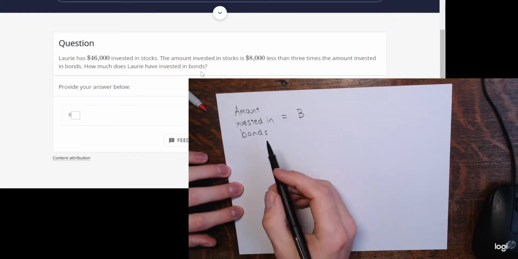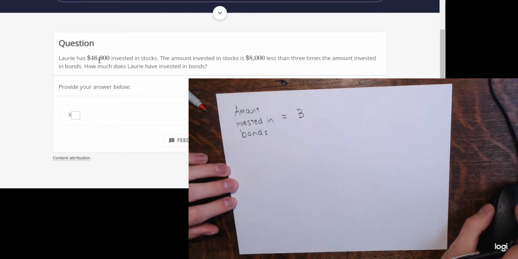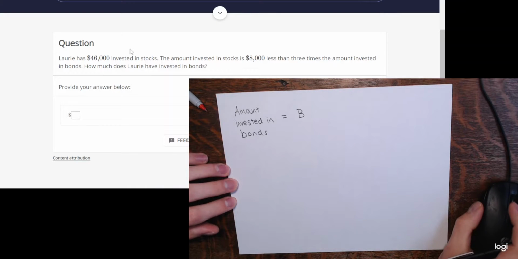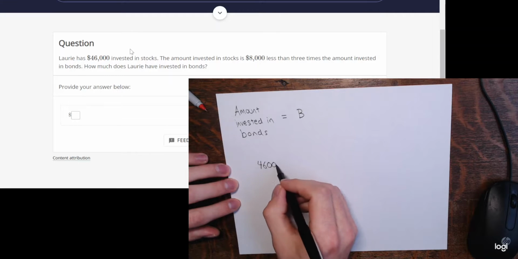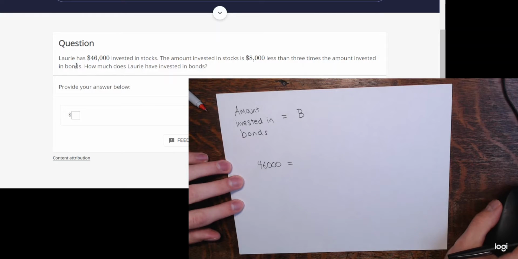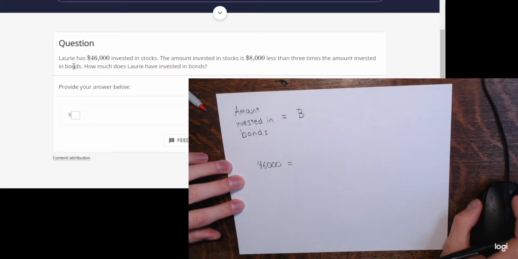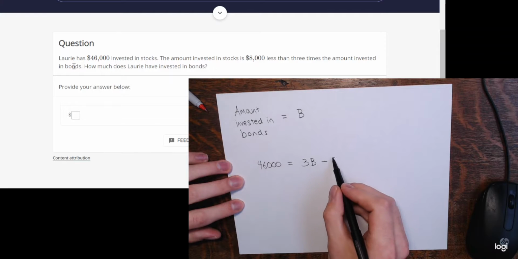And then the sentence is, the amount invested in stocks is, well, they said she has $46,000 in stocks. So 46,000 equals 8,000 less than 3 times her bond amount. So 3 times the bond investment, 3B, but 8,000 less than that, minus 8,000.